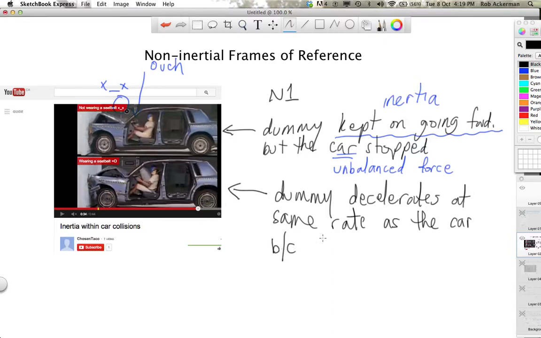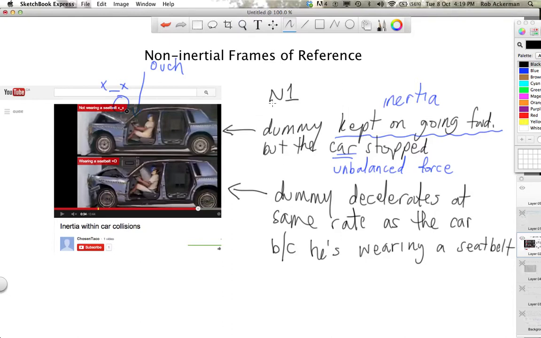Because he's wearing a seatbelt. In other words, the same forces that slow down the car when it hits the wall are being applied to the dummy's body, and the result is the same acceleration or deceleration here.